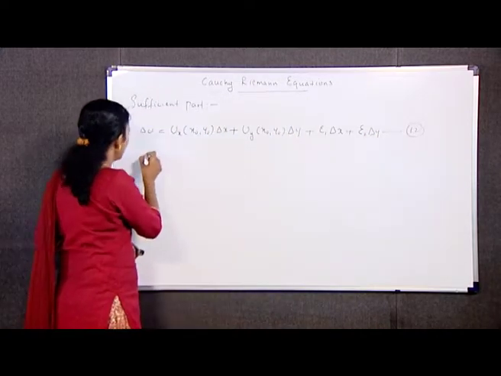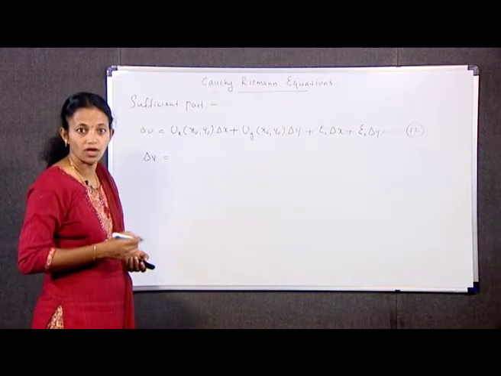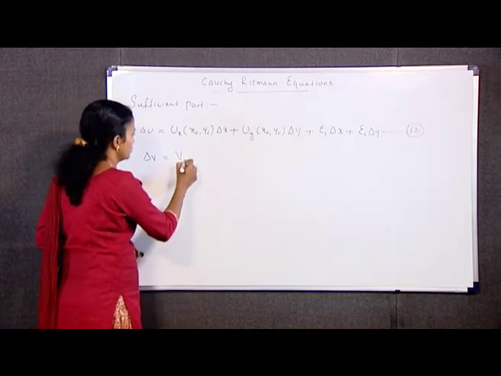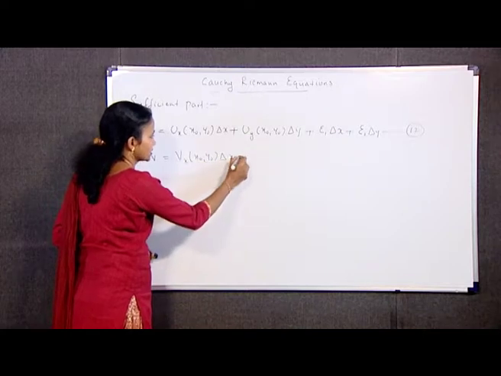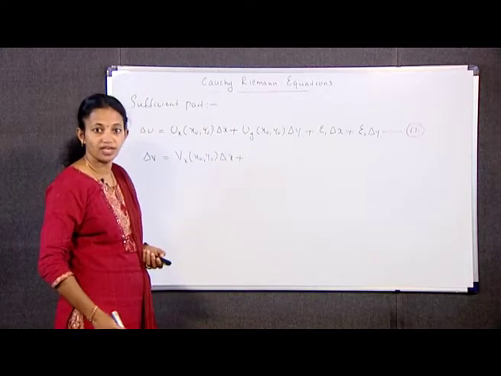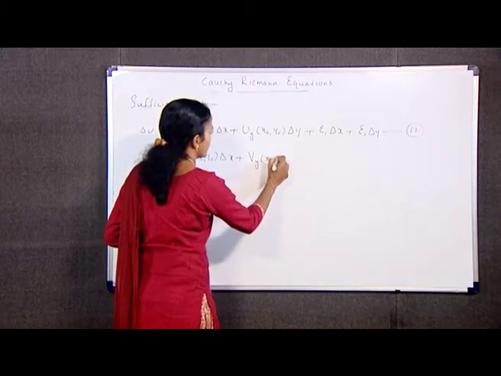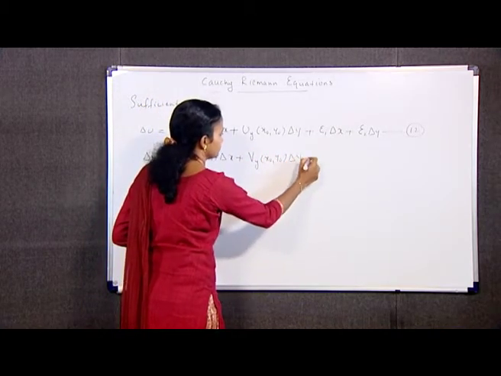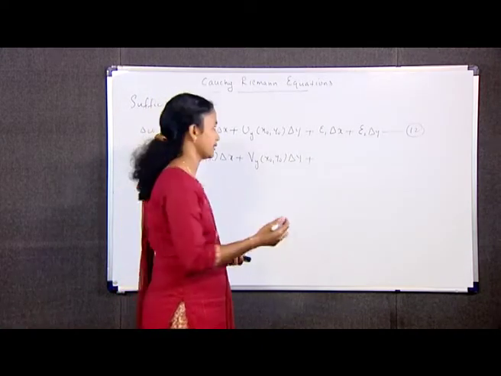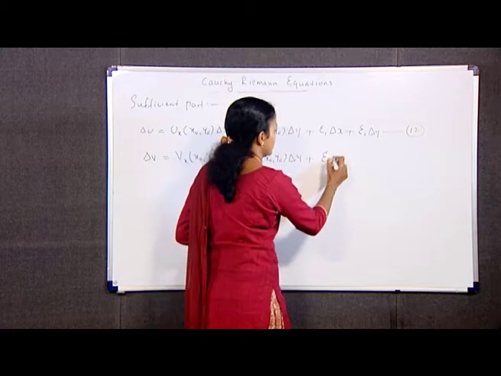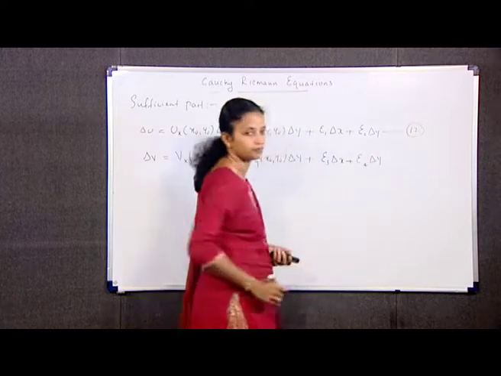Similarly, we have delta v is equal to vx(x naught, y naught) into delta x plus vy(x naught, y naught) into delta y plus epsilon 3 into delta x plus epsilon 4 into delta y.